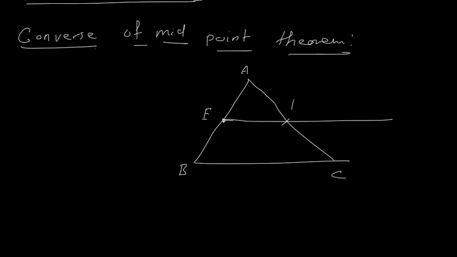So the converse is that if E is the midpoint of AB and I draw a line parallel to BC, then that line will cut AC at a point which is the midpoint of AC. So if EF is parallel to BC, E is the midpoint, then F will also be the midpoint of AC. This is the converse of midpoint theorem.